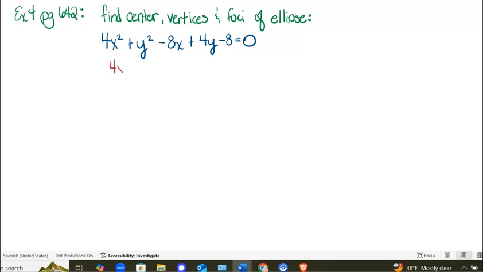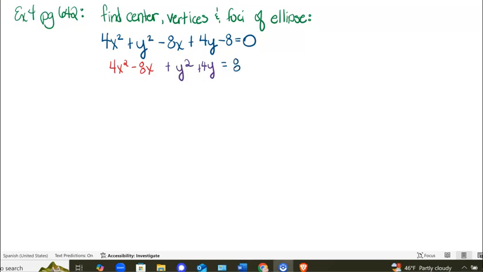So I'm going to collect my x's, 4x squared minus 8x, and over here, plus y squared plus 4y, and that's going to equal, as I move my negative 8 to the other side, 8.